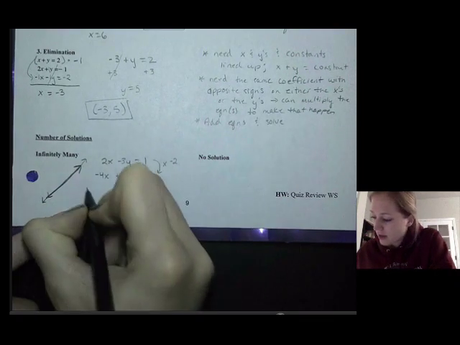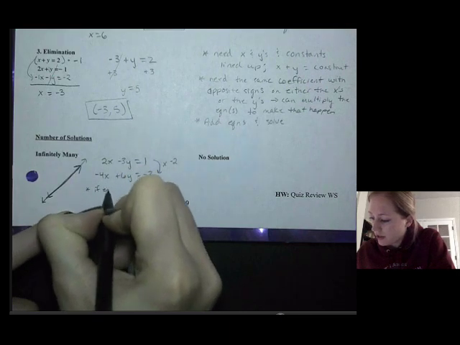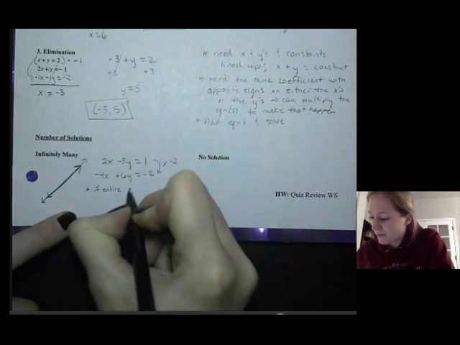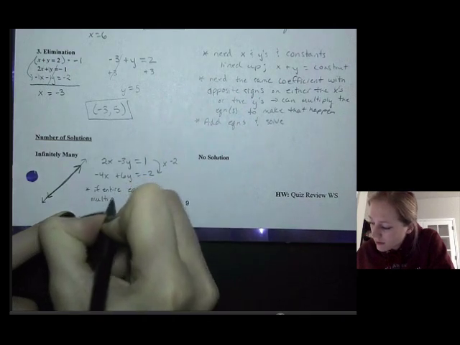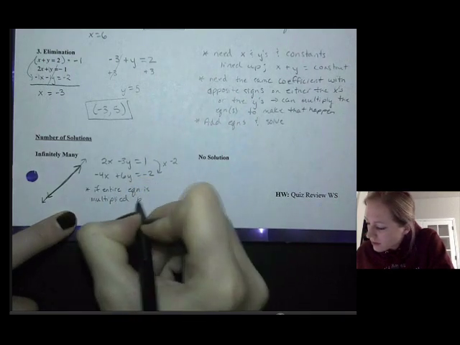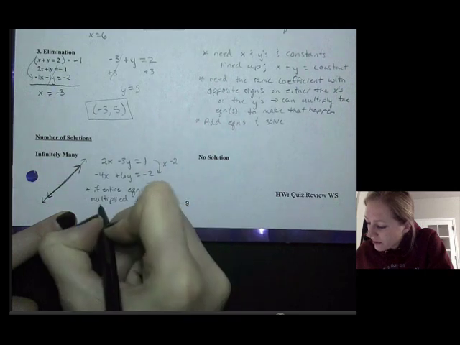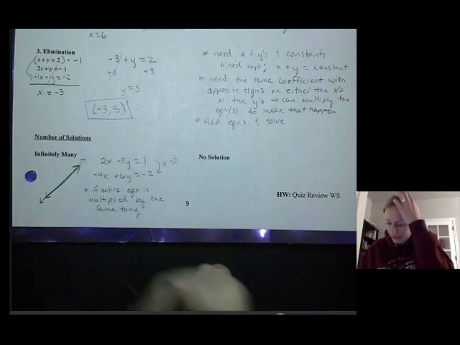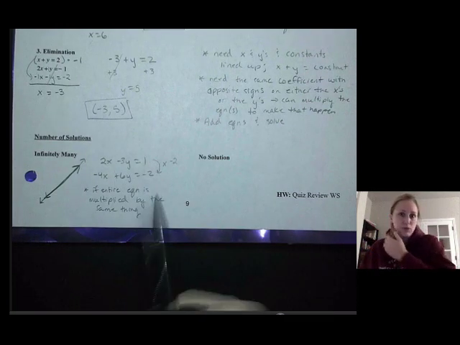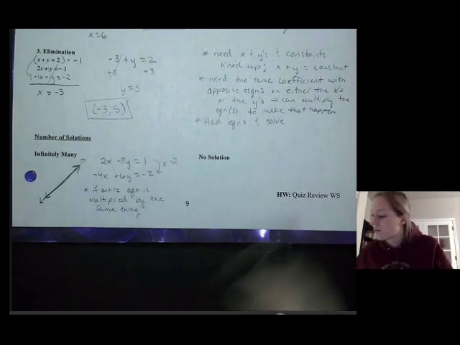So if the entire equation is multiplied by the same thing, and the easiest way to tell, you guys, is when it's in this form, set up for elimination, x's, y's, and then constants. That's when it's easiest to spot the infinitely many solutions.